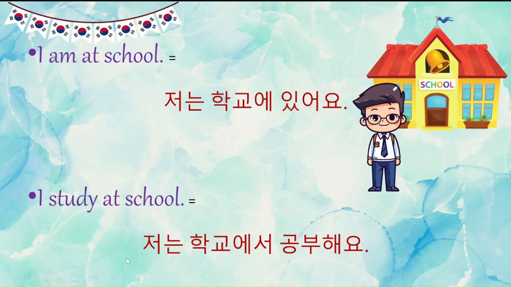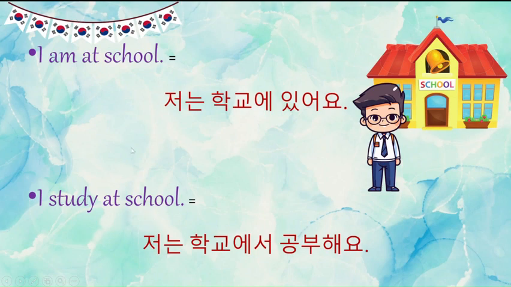Okay. The next example is I study at school. 저는 학교에서 공부해요. Here we have used 에서. Why? Because look at the sentence. Here we are talking about the location at which a particular action of studying is taking place.